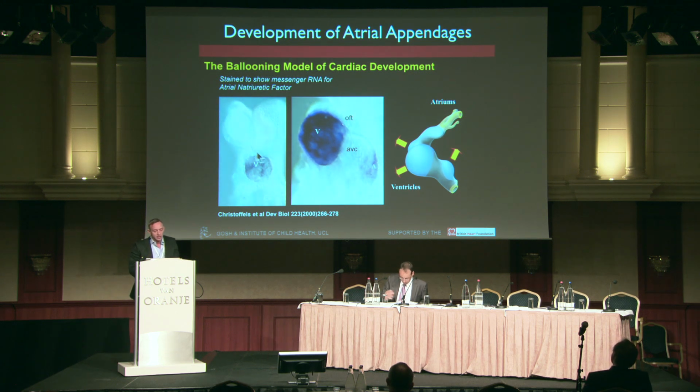You can see that at an early stage there's very little stain, but literally one day later we've got marked expression within the ventricles and beginning in the atriums. And if you look at this and a whole series of other molecules, we can see that the atriums and ventricles are expanding or ballooning out from an initially primitive heart tube.